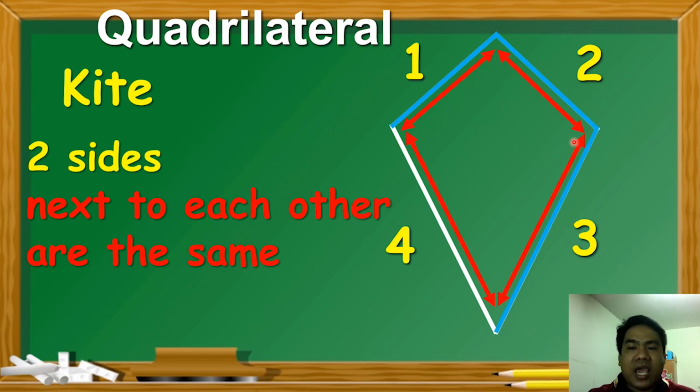And then 3 and 4, also next to each other, are the same. So that is the characteristic of a kite. So again, kite. Okay, let's continue.